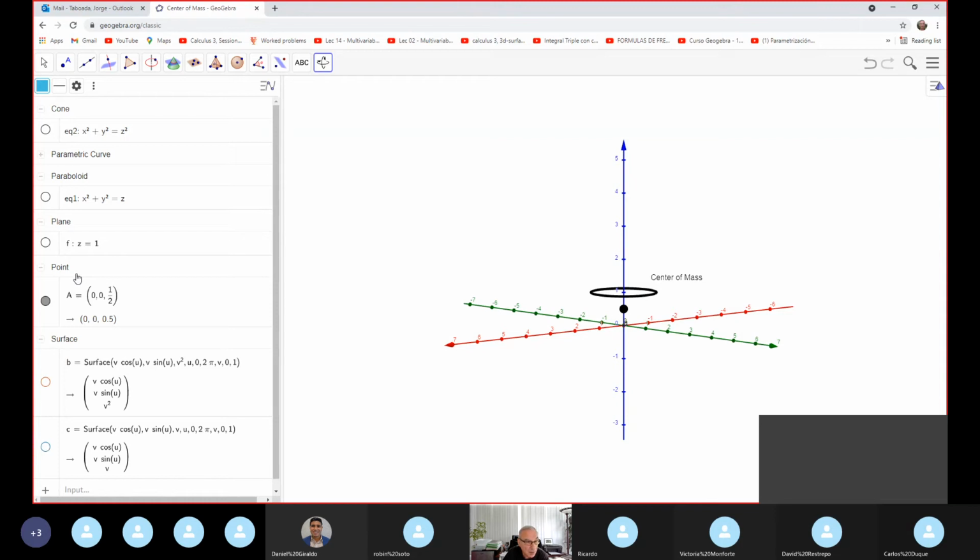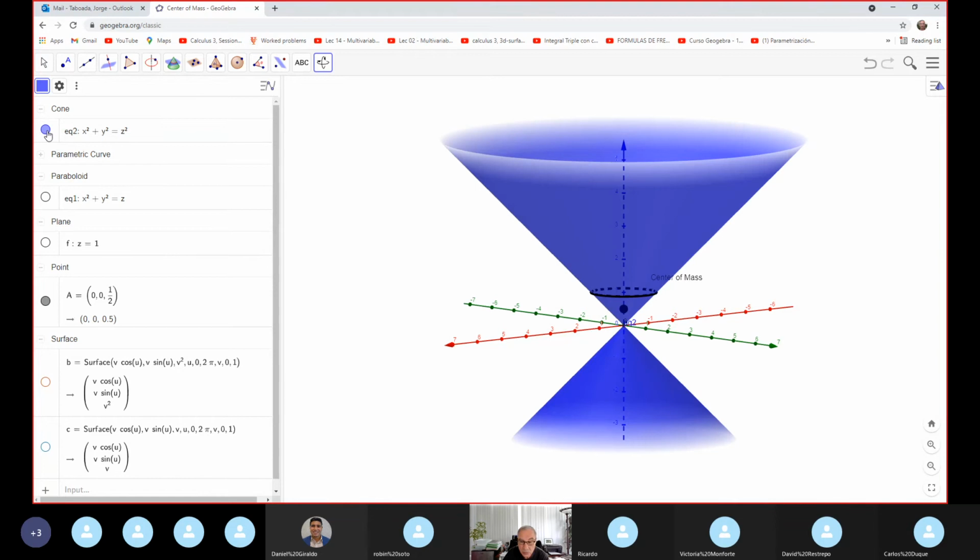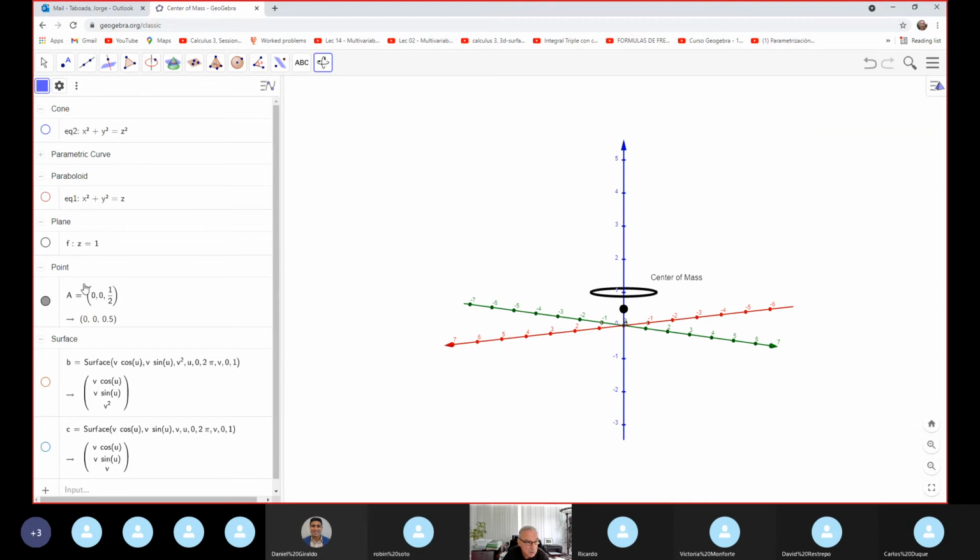Is formed by one cone like that, and one paraboloid like that, and the intersection of both is this.